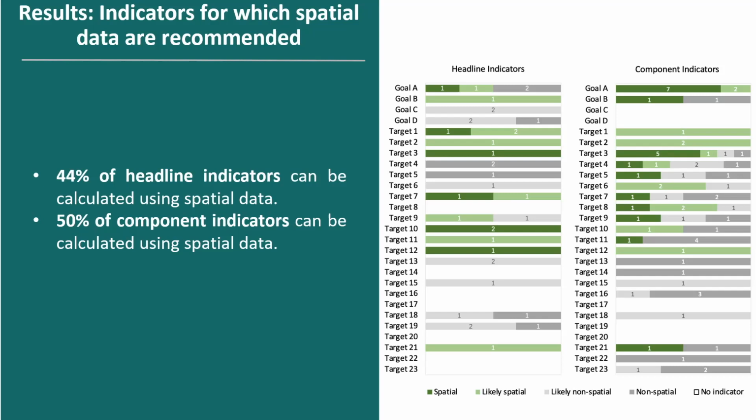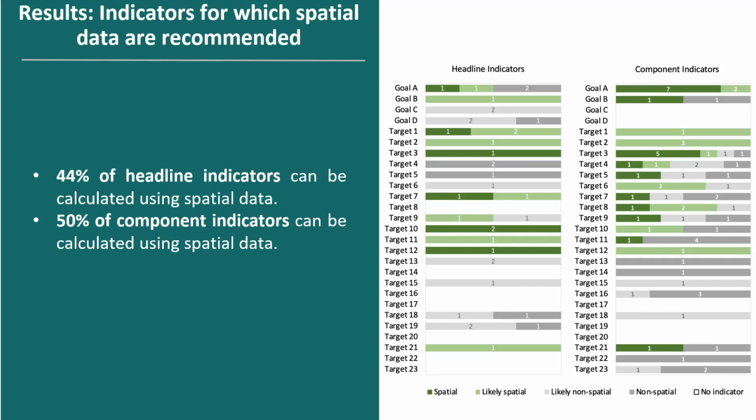The bars to the right of each goal or target show the numbers of indicators associated with each class I introduced in the last slide. So for example, if we look at goal A's headline indicators, we see it has one indicator that is special, one indicator that is likely special, and two indicators that are non-special.